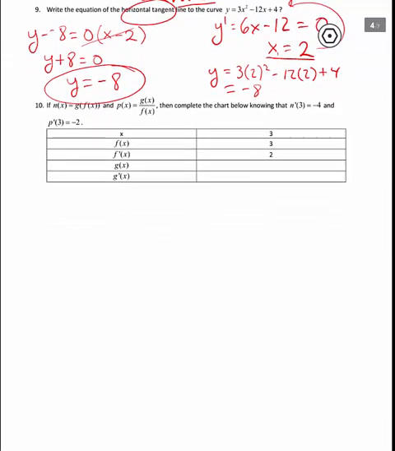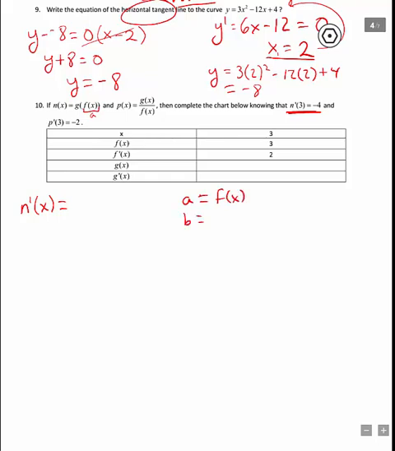Alright, question 10. It gave us n prime of 3, so I know I want to first figure out what n prime of x would equal. And this g of f of x, that's chain rule. So that's my a. So basically, we could say a is equal to f of x.